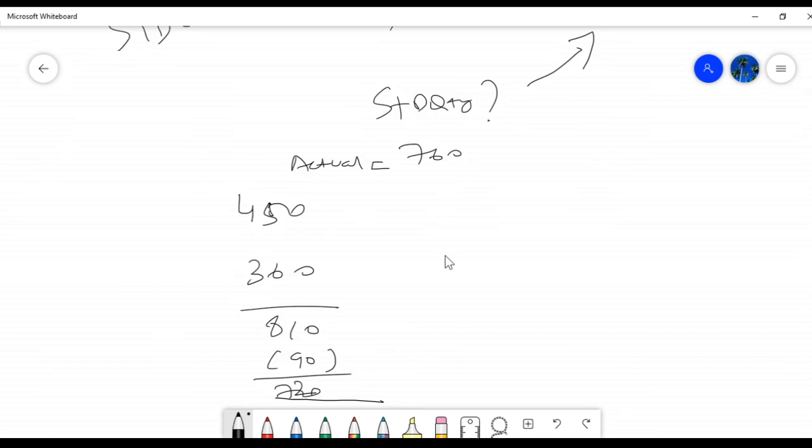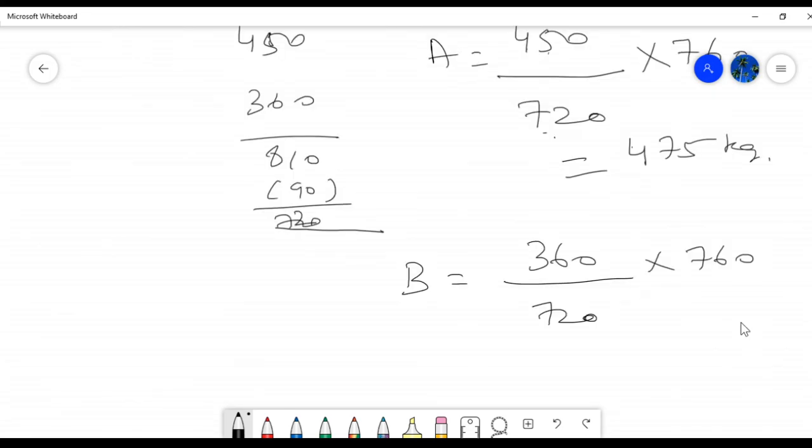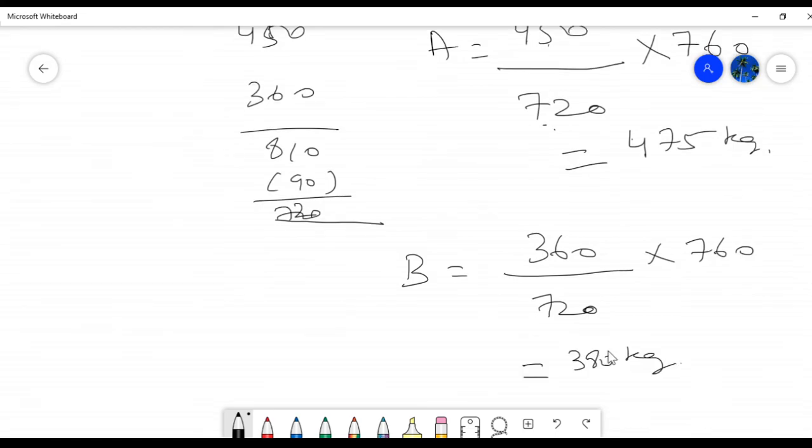Okay. Likewise for B. If I spent 360 raw material for producing 720 output, then for 760 of output, how much raw material would I have used? So 360 divided by 720 into 760 equals 380 kgs.